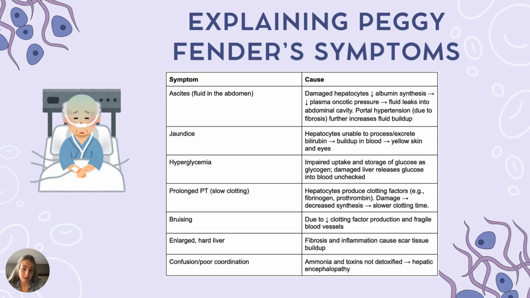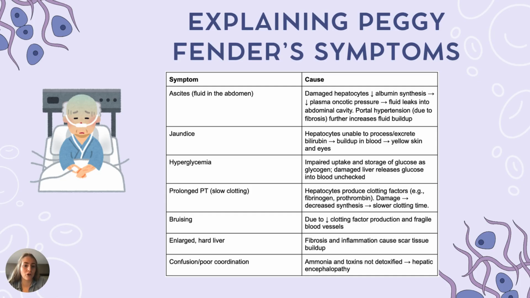Because her hepatocytes are damaged, there's impaired uptake and storage of glucose as glycogen. The damaged liver releases glucose into the blood unchecked, and so it's not properly stored as glycogen. That causes the elevated glucose levels in her blood.